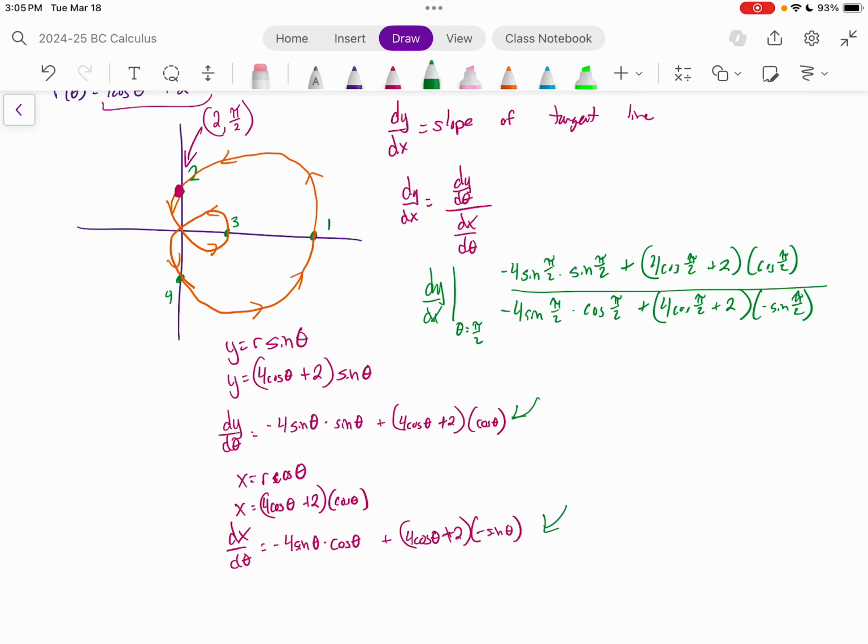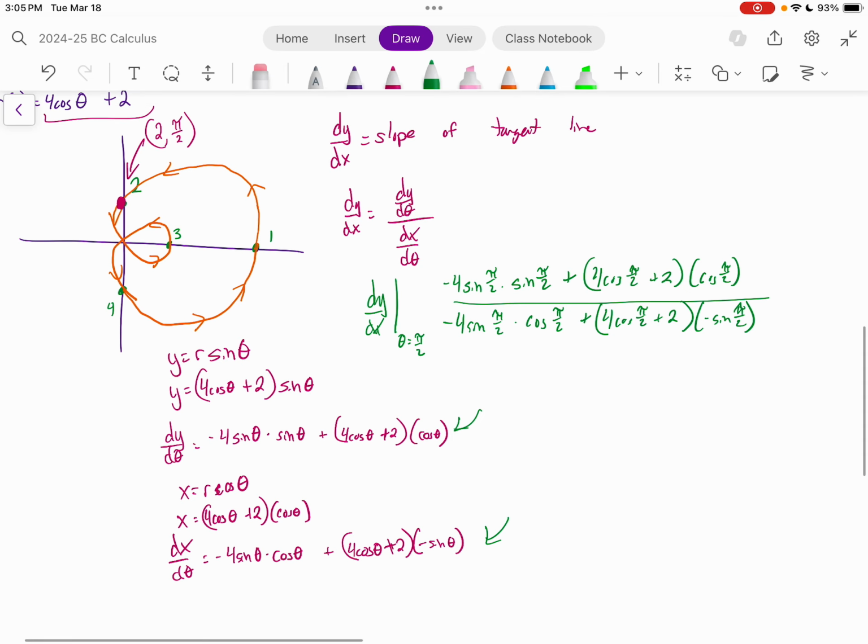Well, that's very pleasant. I'm sure you guys are very eager to figure out what that is. But that's the slope here.